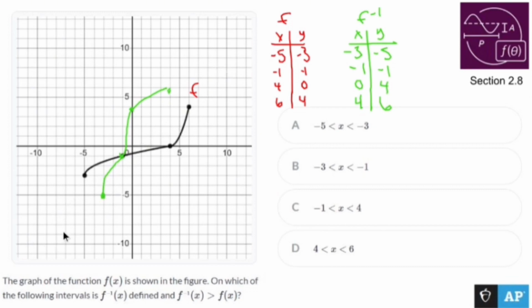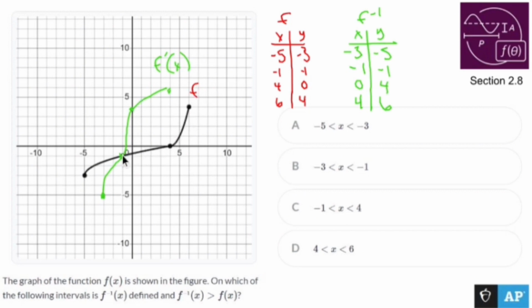Now, what am I supposed to do here? I want to find where the inverse is greater than the regular f of x. Well, the inverse is green. And it looks like the moment we hit that negative 1, my green line is above this black line here, which means at this moment the f inverse of x's value, the green line, is higher than the f function.